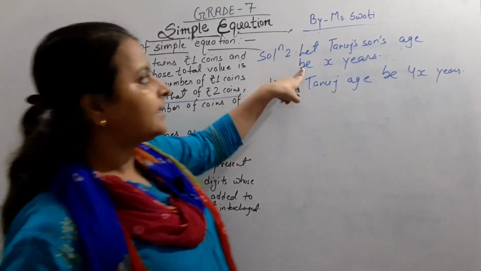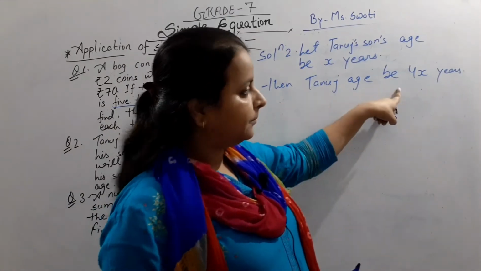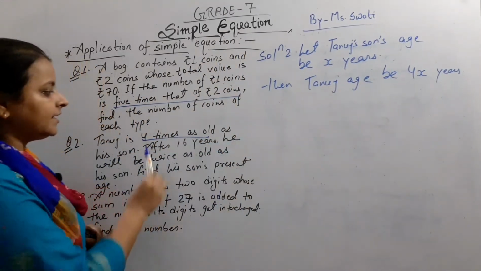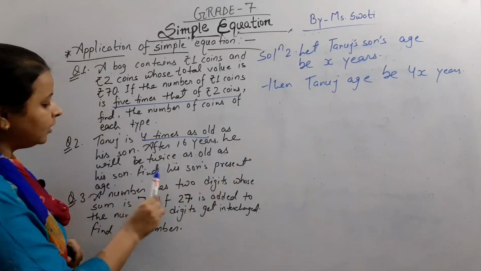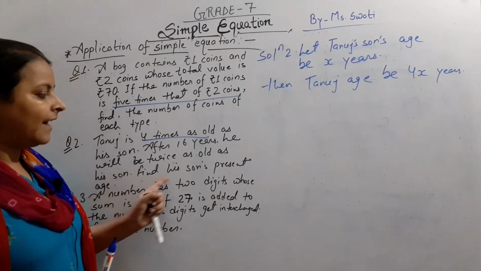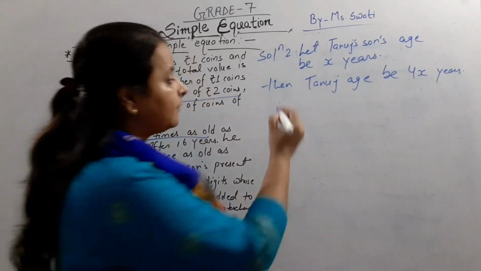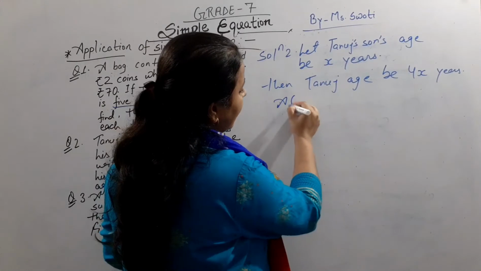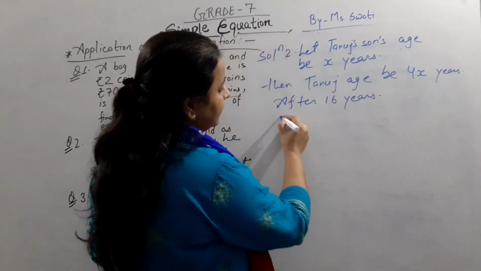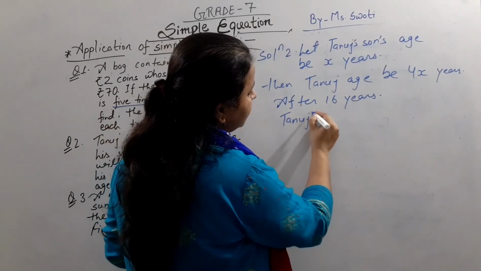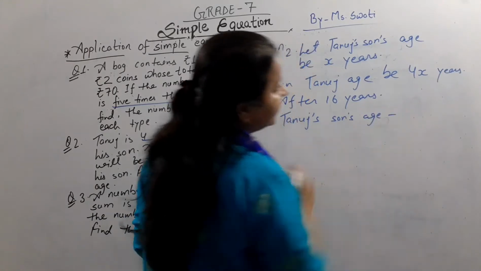Okay? This is Tanuj's son's present age and this is Tanuj's present age. Now the question is, after 16 years, he will be twice as old as his son. Find his son's present age. So what do we do first? First we find out Tanuj's son's age after 16 years.